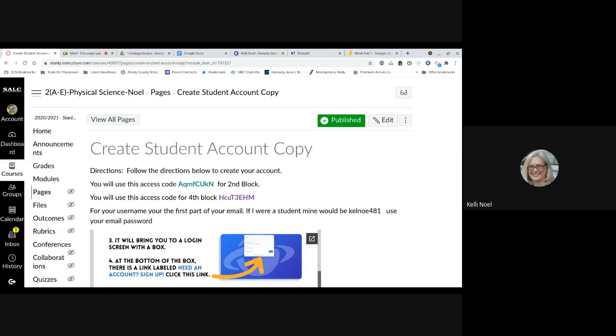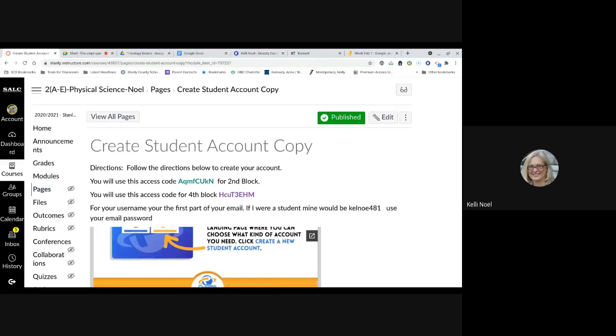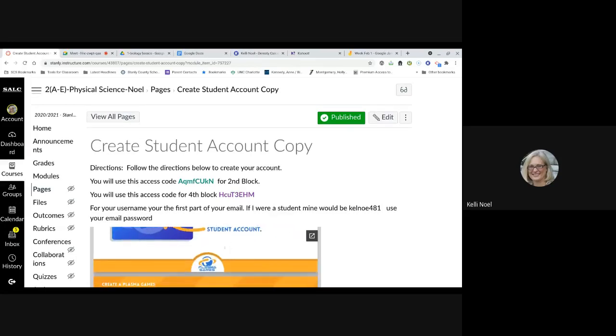You're a student, so you're going to click on student, and put the first part of your email, the first three of your first name, and then the last, just like your school email. Make sure if you capitalize it that you remember what it is. That'll help me recognize you when I go into the teacher side.